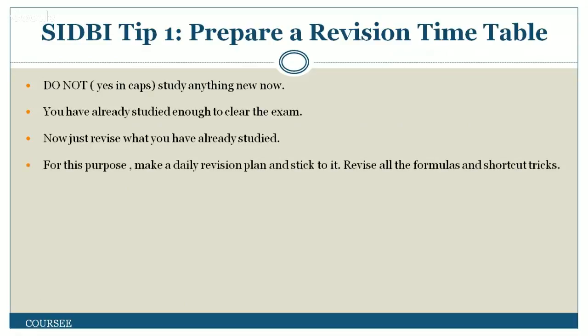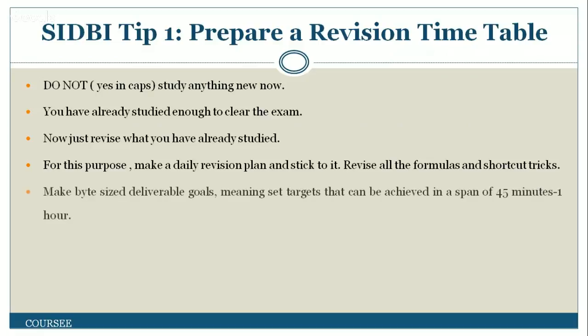For this purpose, make a daily revision plan and stick to it. Revise all the formulas and shortcut tricks. Make bite-sized, deliverable goals, meaning set targets that can be achieved in a span of 45 minutes to 1 hour.